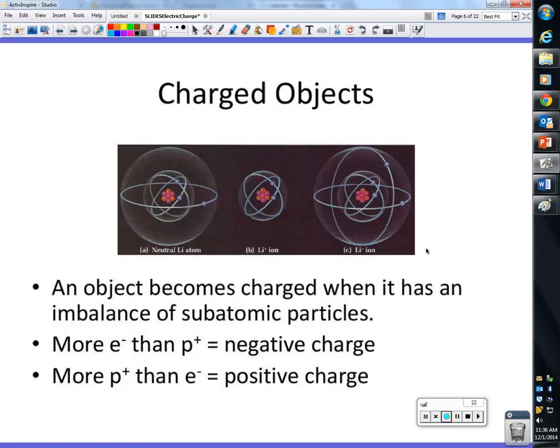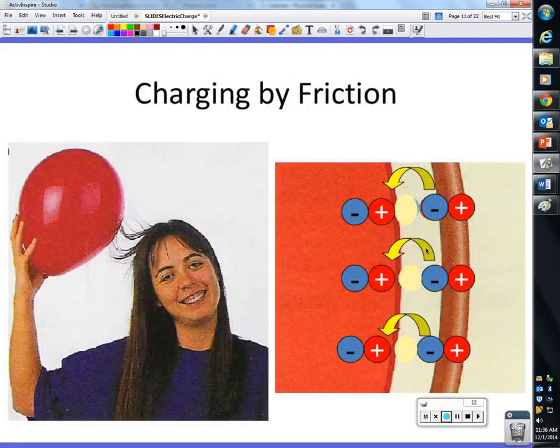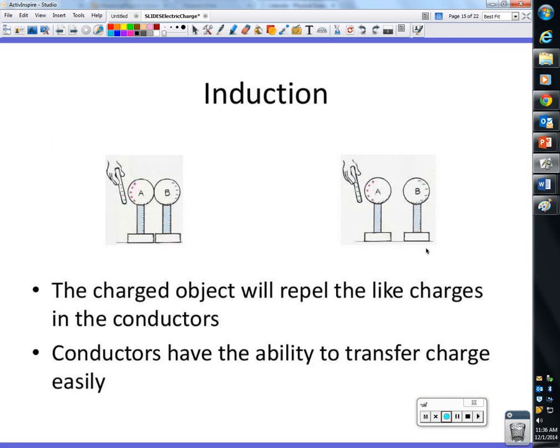Okay, so in induction, I'm not going to go too deep into that, but let's go here to these pictures. Okay. So, for induction, here's what I want you to notice. And you have this picture on the back of your outline. Okay? In the first object, first of all, induction only happens in conductors. Okay?